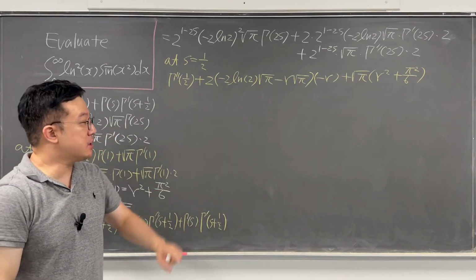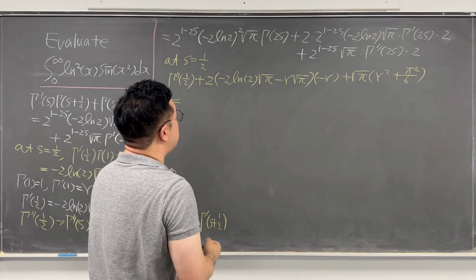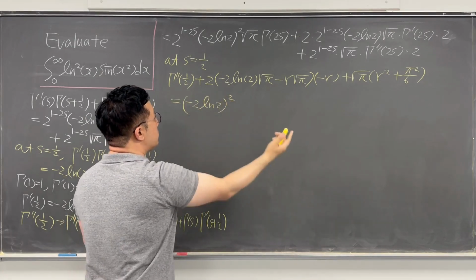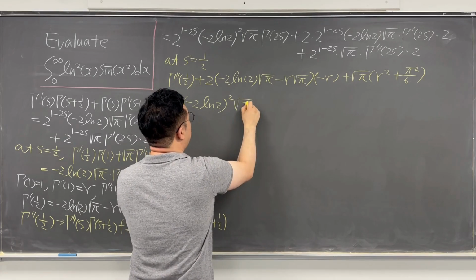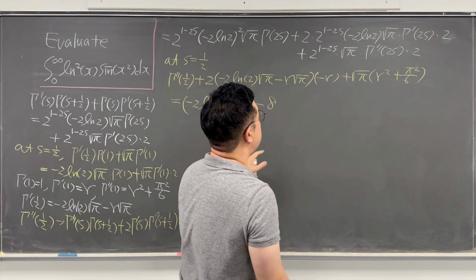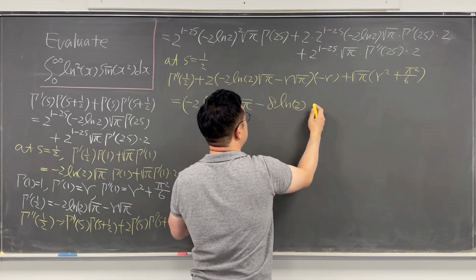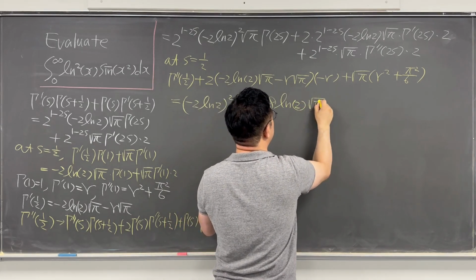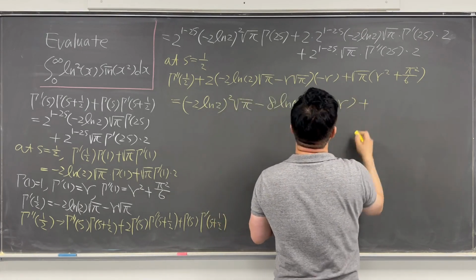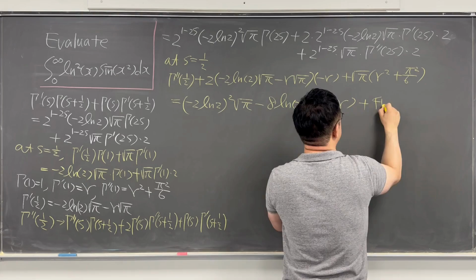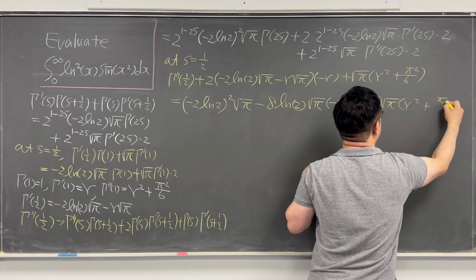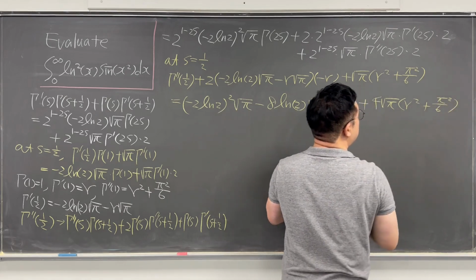Okay, so let's keep working on this expression. This has to be the same as negative 2 ln 2, entire thing squared, that times square root of pi, and that minus 8 times ln 2 times square root of pi times negative little gamma. Then that plus 4 times square root of pi times little gamma squared plus pi squared over 6.